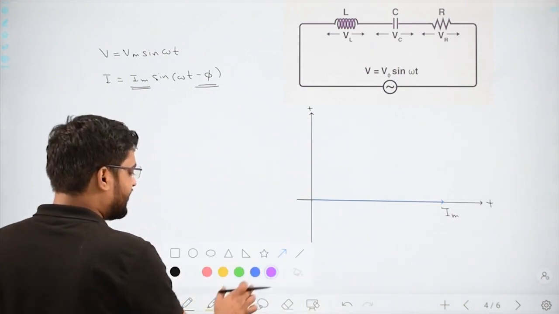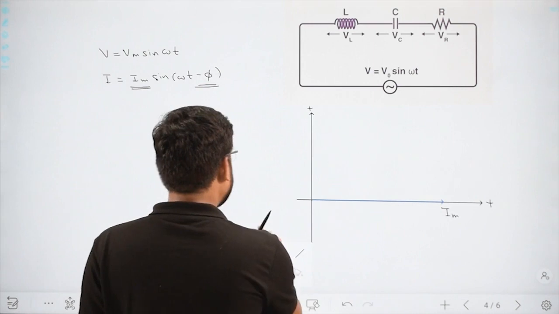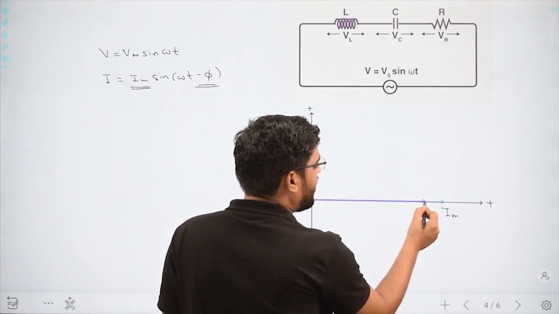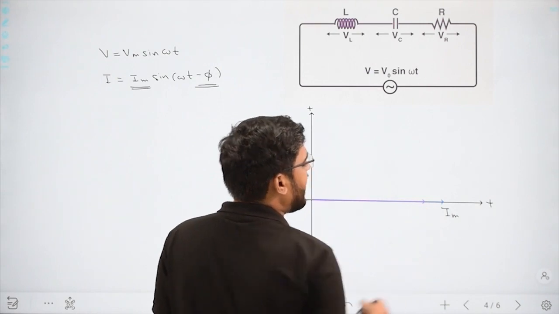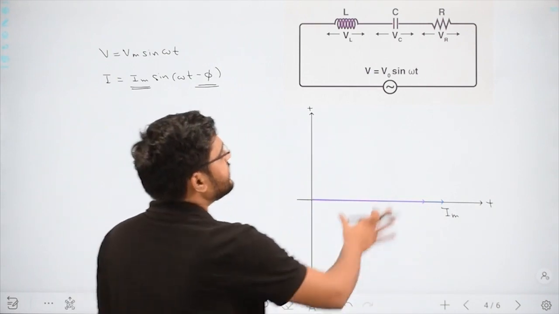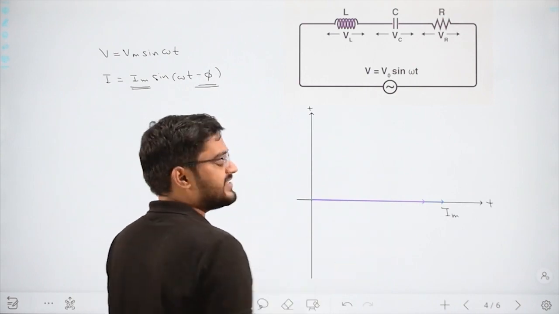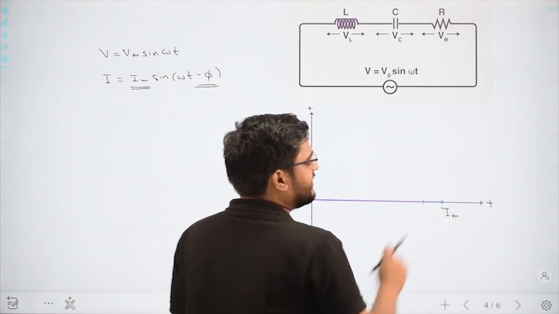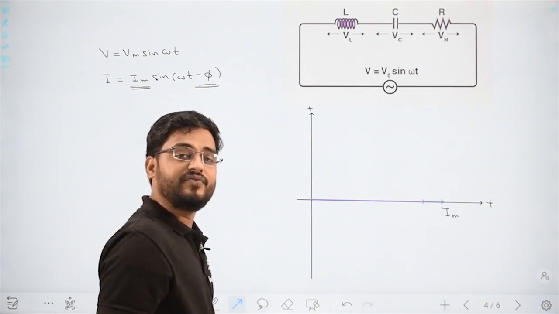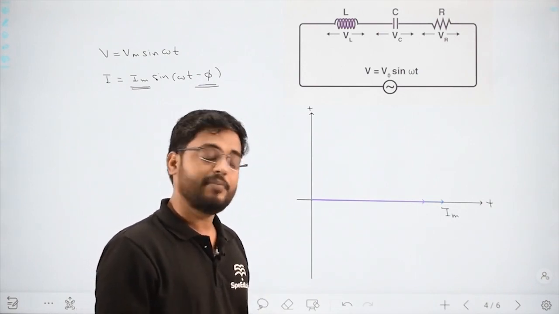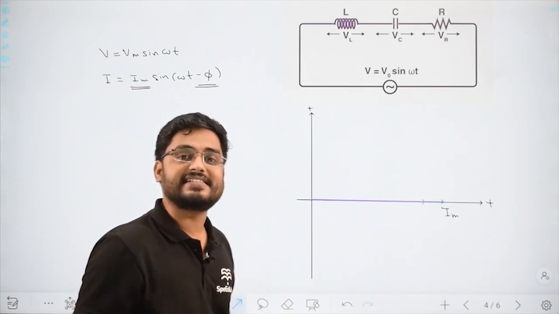Let's come to our phasor diagram. The current we always draw on the x-axis. This is my VR. What is VR? It is the voltage across the resistance, and it is in phase with the current, because we know the phase difference between voltage and current is zero when a resistance is there. What about the inductor?